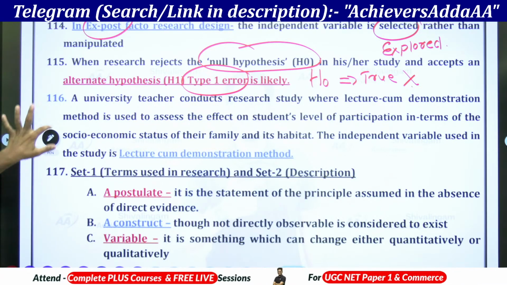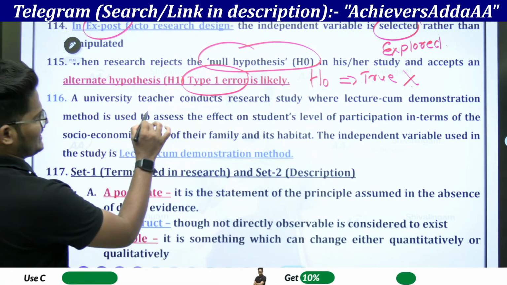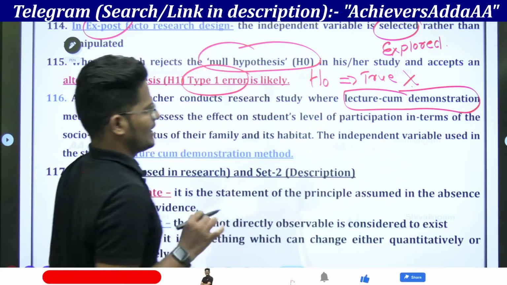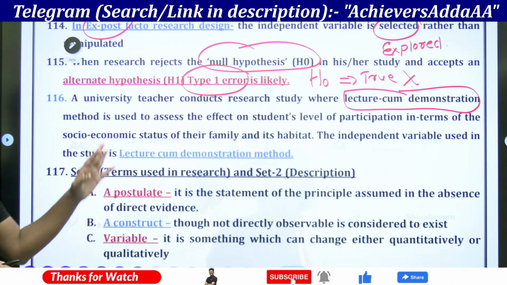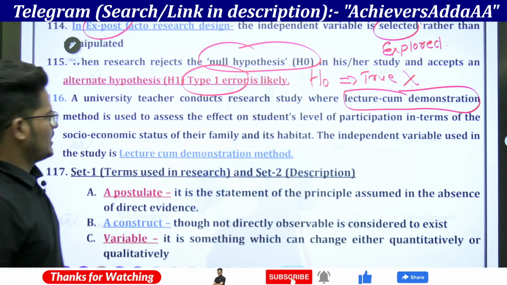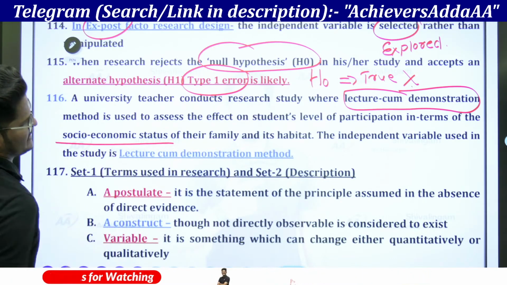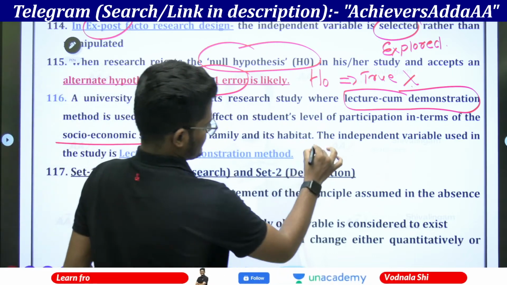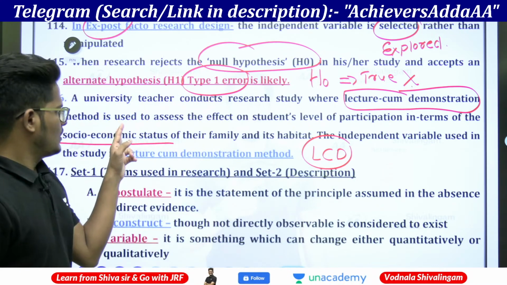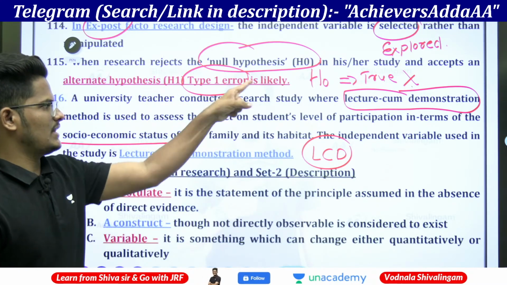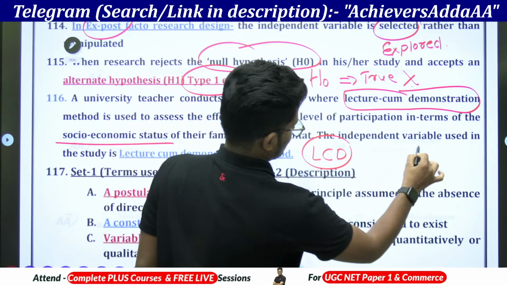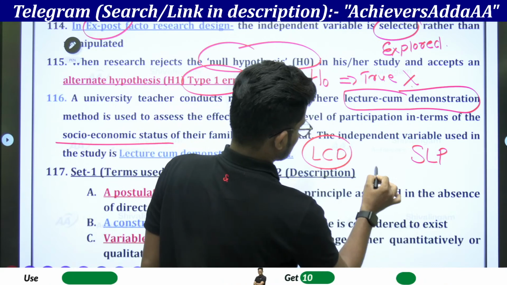A university teacher conducts a research study where the lecture cum demonstration method is used to assess the effect on the students' level of participation in terms of socio-economic status. Here, lecture cum demonstration method is the independent variable, because this method impacts the students' level of participation.